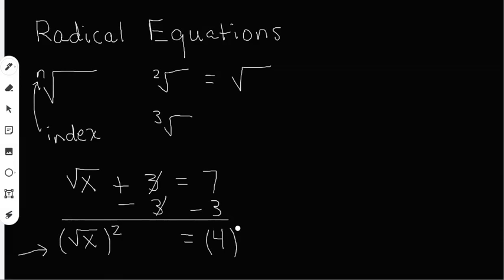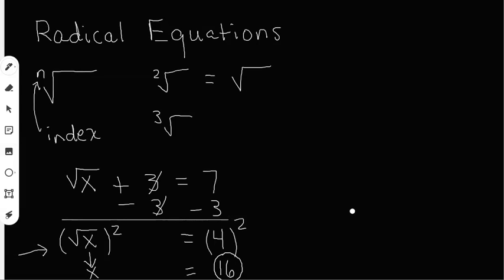So I'm going to square both sides. When I do that, the radical symbol is going to disappear, and I can just bring down what's inside the radical symbol. In this case, it would be an x. And on the other side, I have 4 squared, which is 4 times 4. That's going to give me 16. So 16 is going to be my answer.